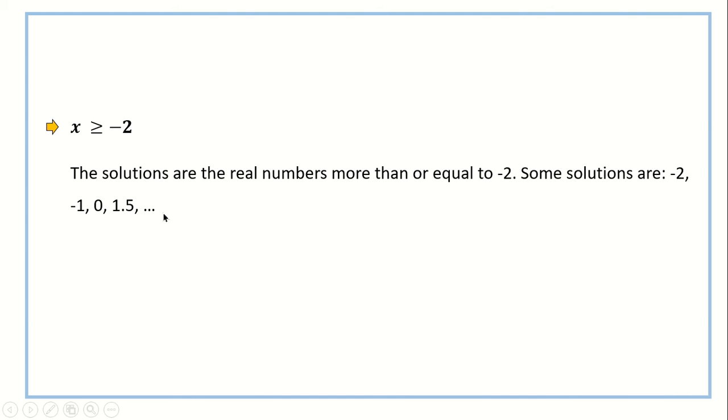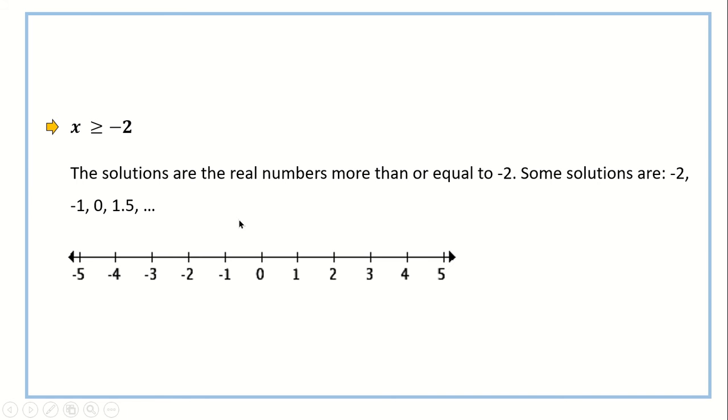So you can see that for this case, negative 2 is inclusive. Also we note that the solutions are so many, we cannot write and finish them. For that case, we will use a number line. And remember negative 2 is included. So then we will use a closed circle.